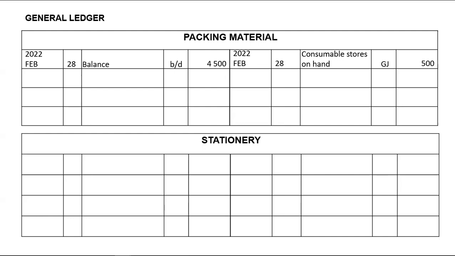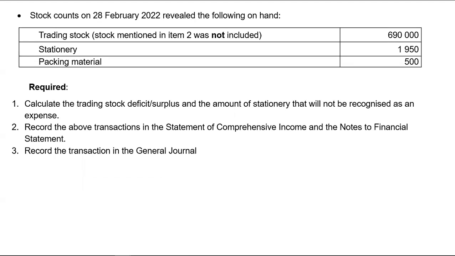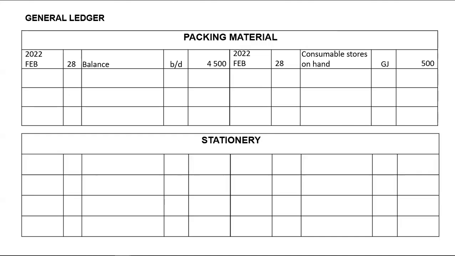Our packing material is actually 500. Stationery is the one that is 1,950. So when you reduce it by packing material that was not used of 500, you will be left with the actual expense with respect to packing material, and that will go straight to profit or loss account, and the amount for that will simply be 4,000 Rand, which is our actual expense.